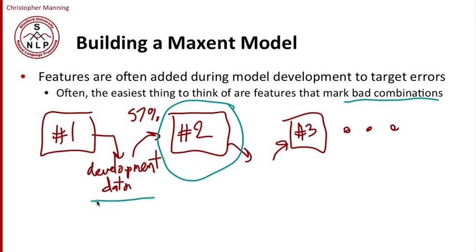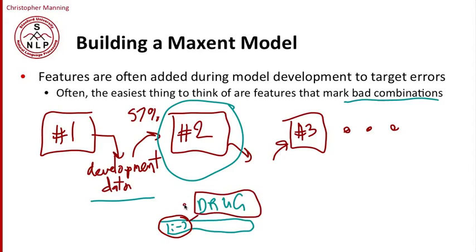So if you look through your classified development data, you'll see some piece of data and it's classified something as a drug, and it just shouldn't have been a drug. And so then maybe you can look at the actual observed data and see something about it. So maybe there's a smiley face here or something like that, and you can say, well, it just isn't likely that a piece of text which has a smiley face near it is going to be talking about a drug.